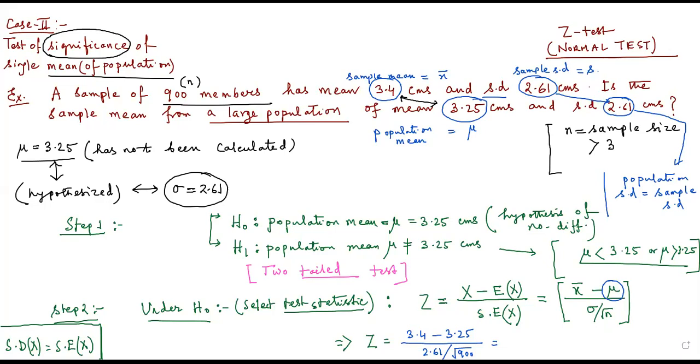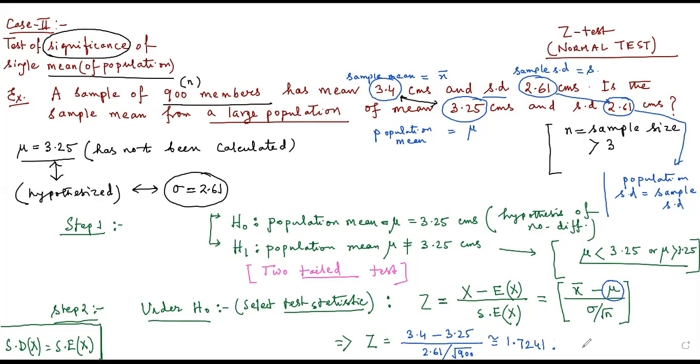How much is coming? Can anyone say? Yeah, 1.7241 approximately. 1.7241 is the value which is coming after doing this calculation.